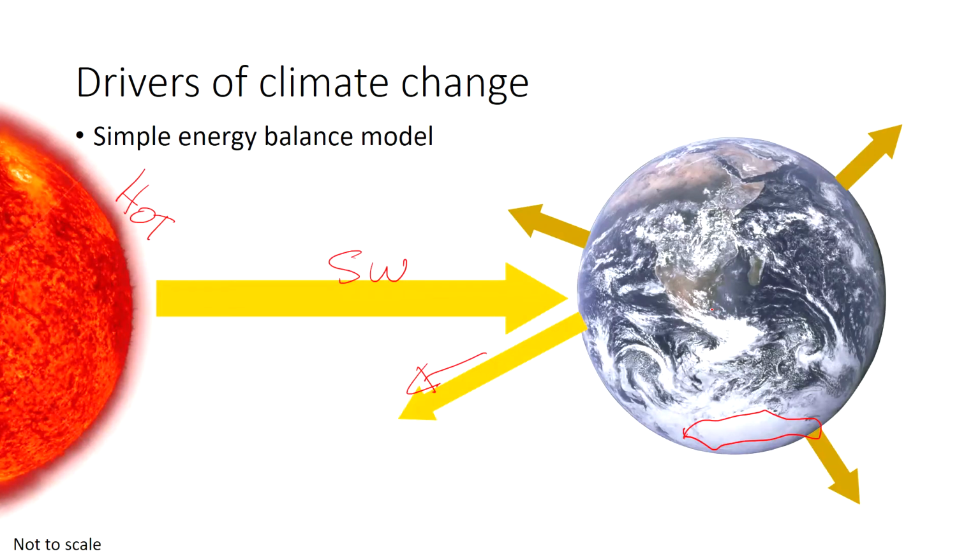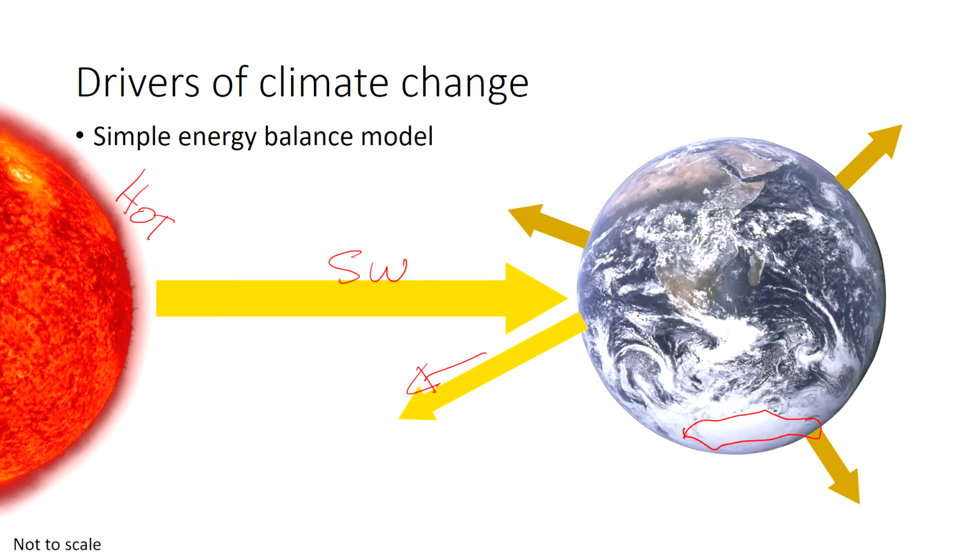That causes the Earth to heat up, and that allows the Earth to have a temperature because it's getting this energy from the sun. There are other energy sources within the Earth, so there's some radioactive decay within the Earth's crust and deep in the mantle, and some tidally dissipated energy from the solar system, that kind of stuff.